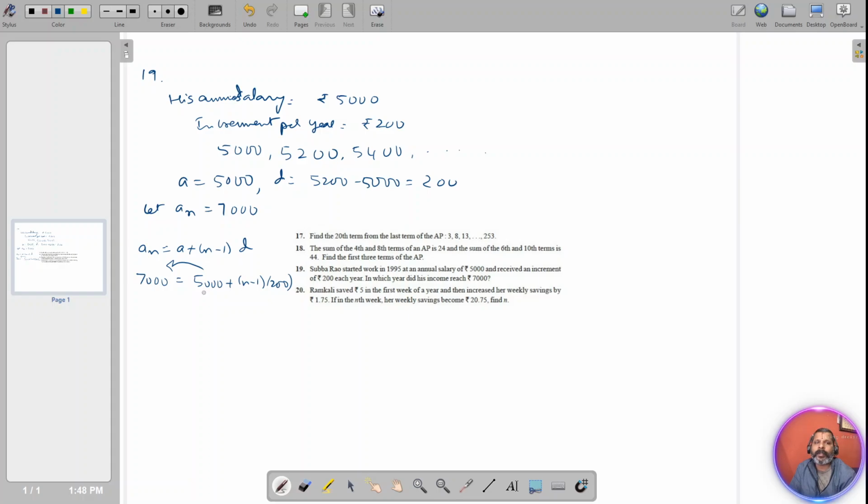So 7,000 minus 5,000 is 2,000 equal to N minus 1 into 200. Since these are factors, we can cancel here, or we can say N minus 1 is equal to 2,000 by 200. Okay. Then you simplify that. Zeros cancel, 2 into 10.